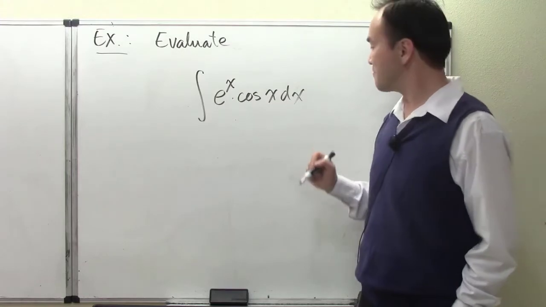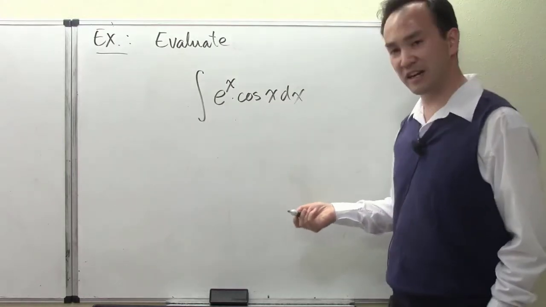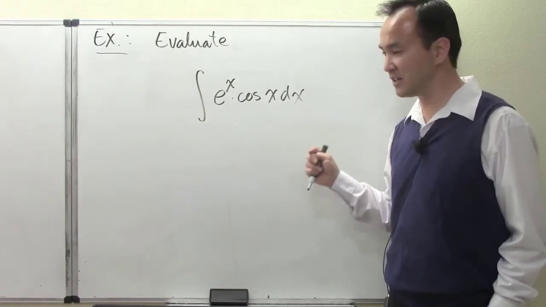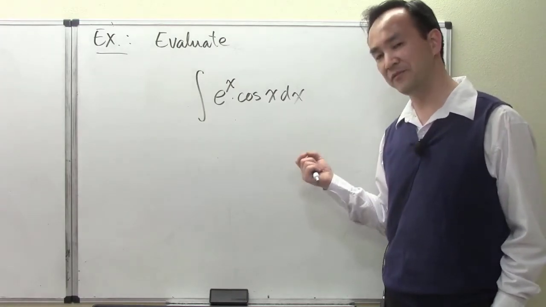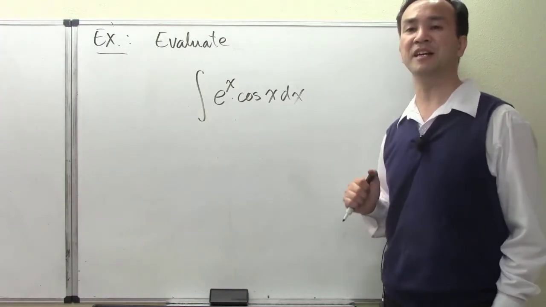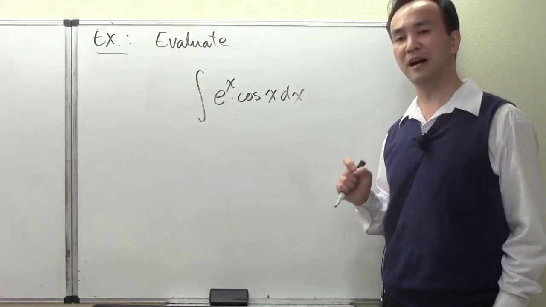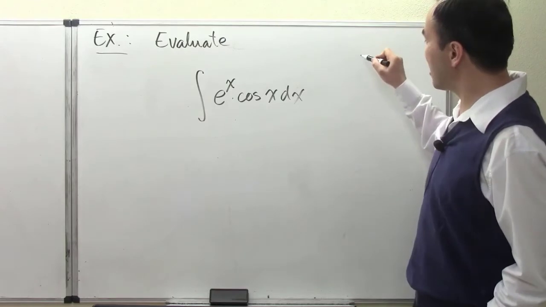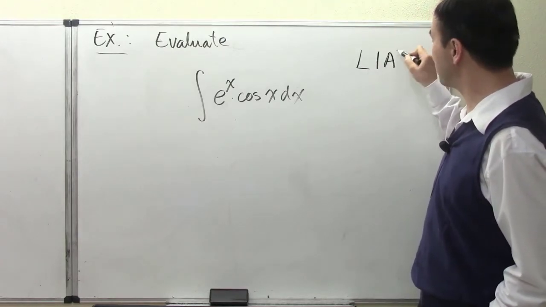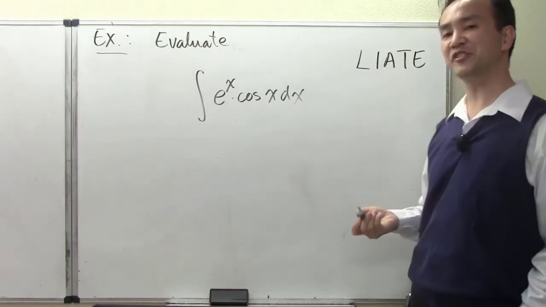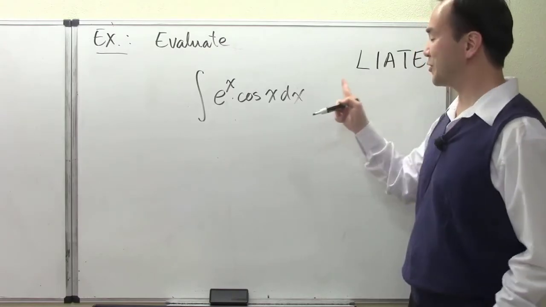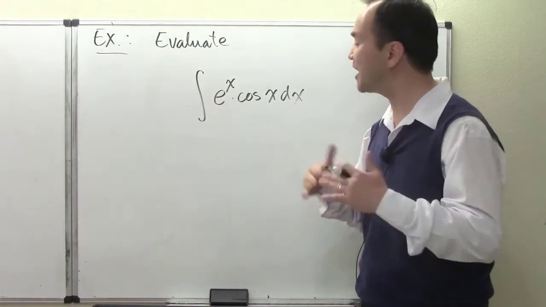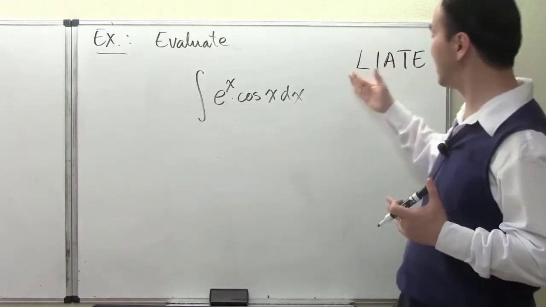As I said earlier, this video example should be viewed after you have already seen my general video lecture about integration by parts. I brought in the LIATE guideline in my general lecture, and here we are going to see how this problem aligns with the LIATE guideline.